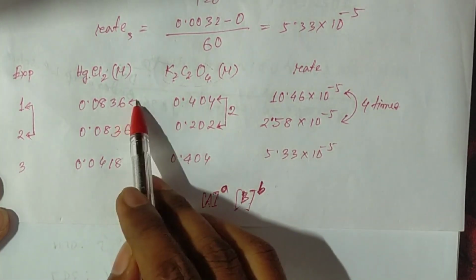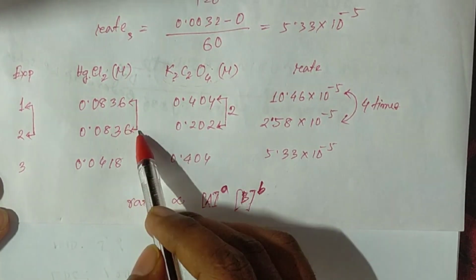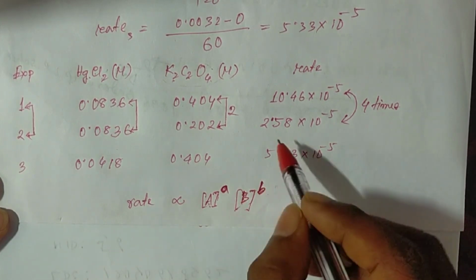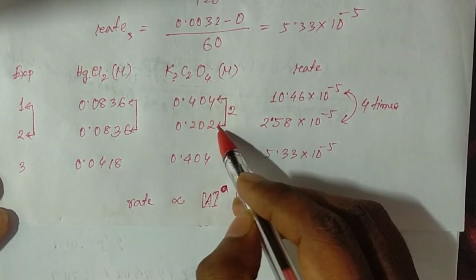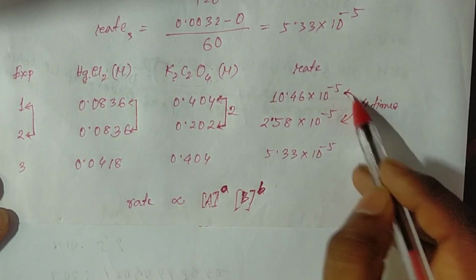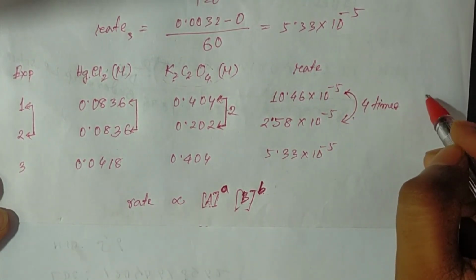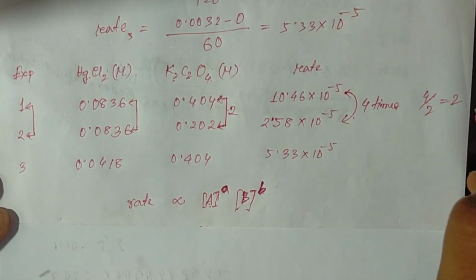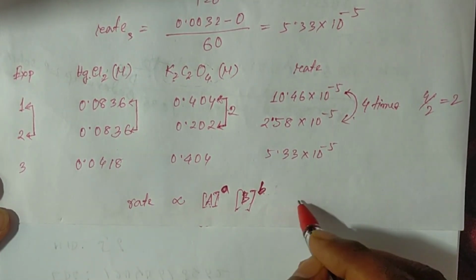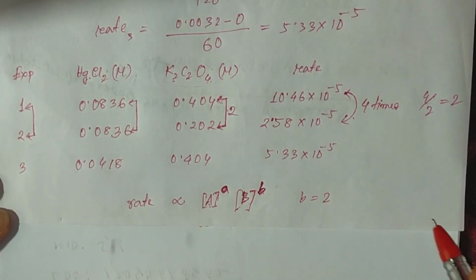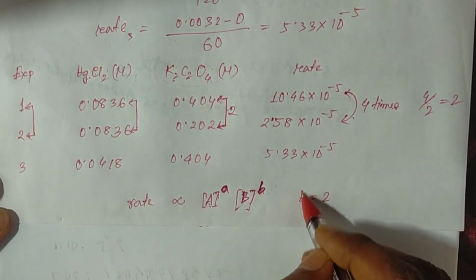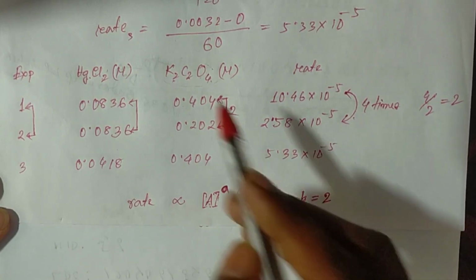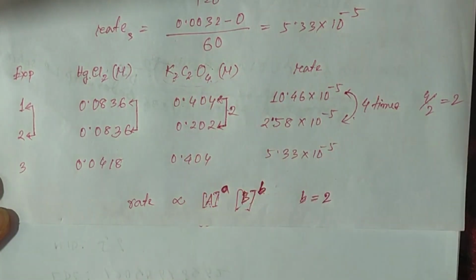In this case the concentration of HgCl2 is constant, so a will be 0. Here K2C2O4 is double and the rate is 4 times, so 4 by 2 is equal to 2, so b will be 2. That means the order is 2 with respect to K2C2O4.